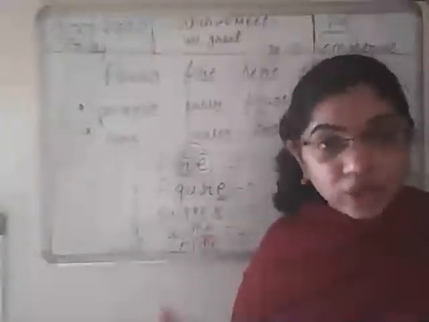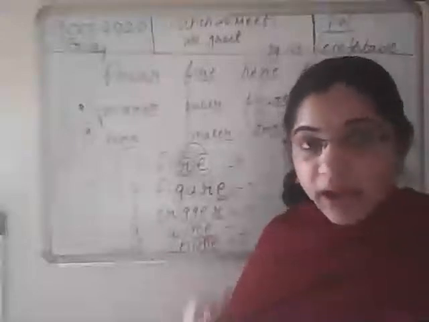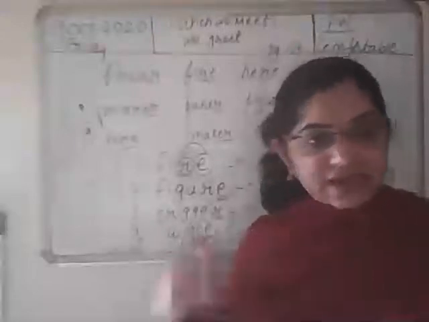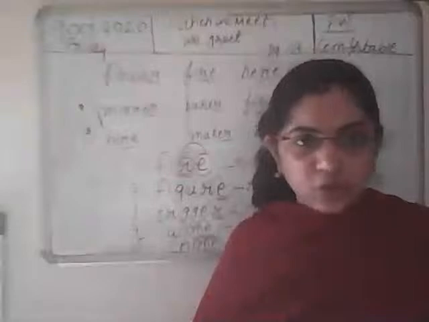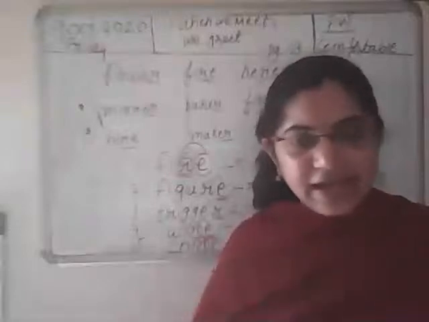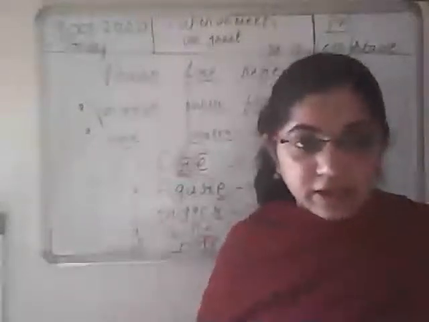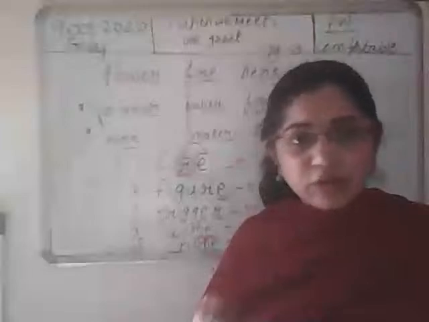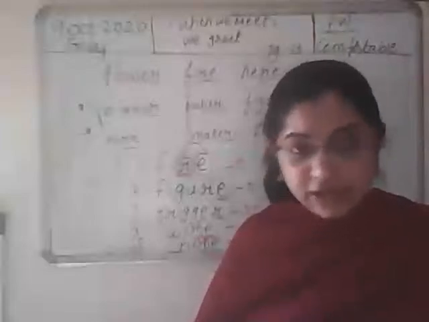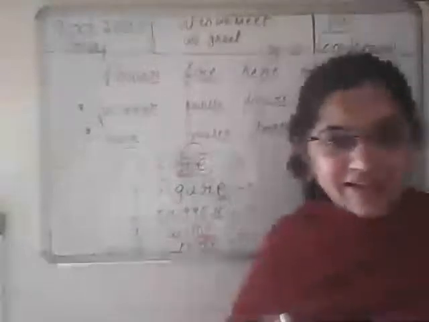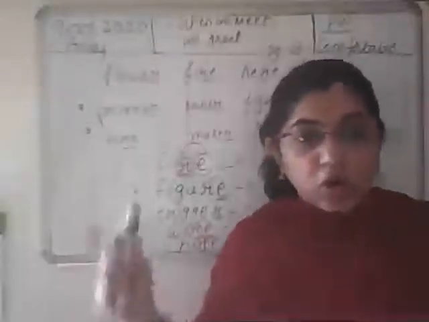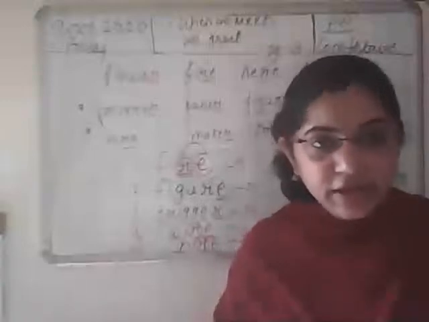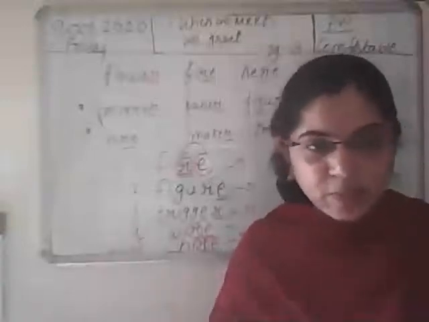Why are we doing this? As in the previous classes, I told you that this letter E has got a story. That is a small funny story. The letter E is a naughty boy. So the letter E disturbs the class.